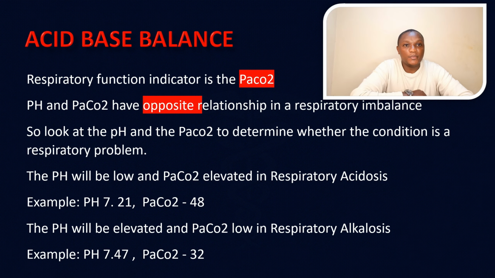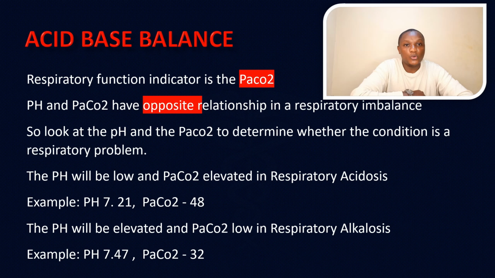After you determine whether the problem is acidotic or alkalotic by looking at the pH, you need to determine whether the problem is respiratory or metabolic. The respiratory function indicator is the partial pressure of carbon dioxide, PaCO2.